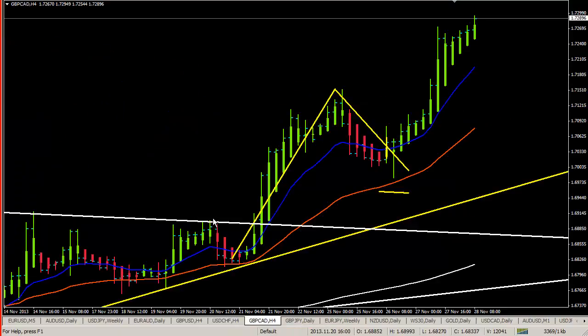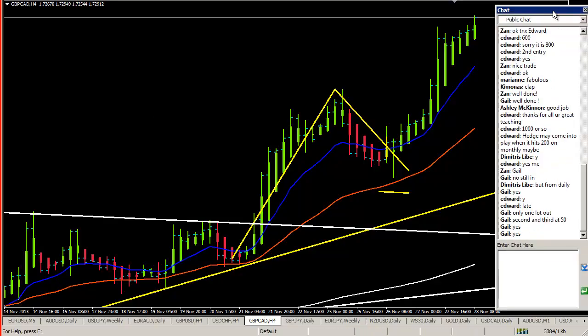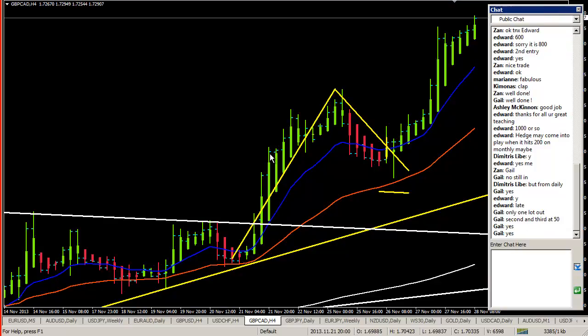About the CAD? GBP Canadian dollar, I think Gail and Jan, or is it Dimitri, are still long here, right? Is it correct? Gail, how many pips profit today morning?